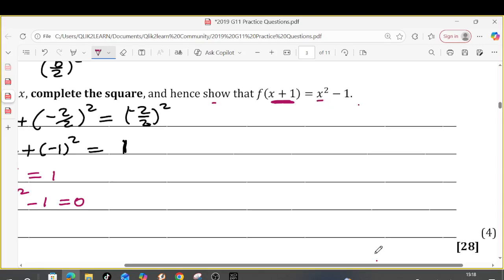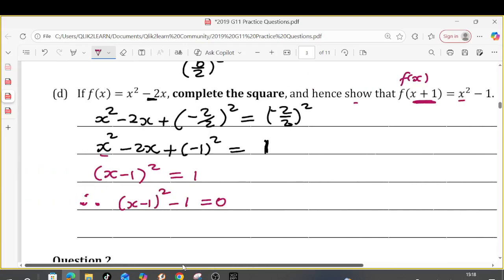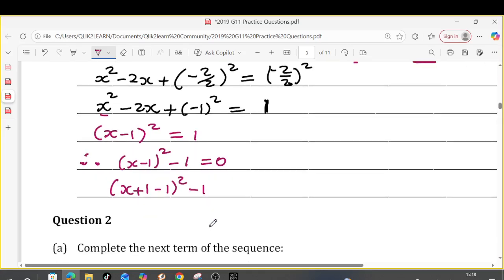Let's go and do that. Remember this is f at x, but now instead of x, we need to put x plus 1 where there's x. So inside the bracket, instead of x, I'll have x plus 1 minus 1, and this is squared minus 1. If you can check, what do you have inside the brackets?